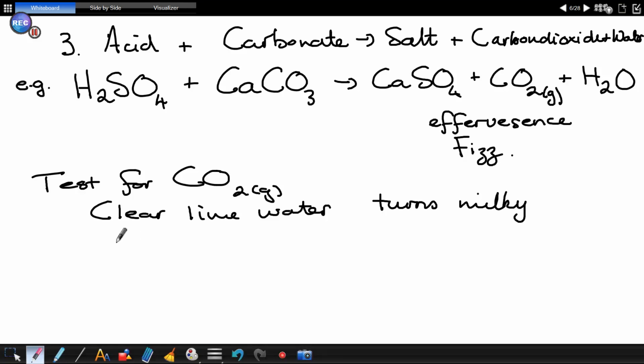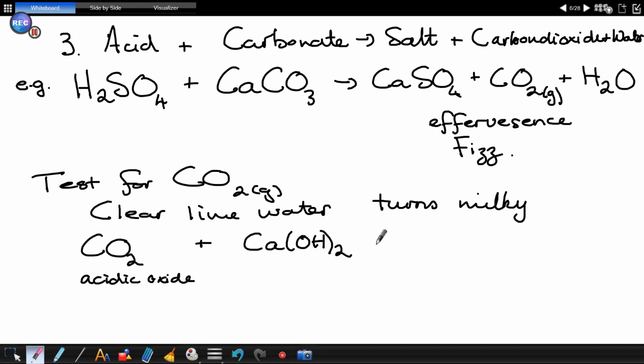Why is that? Because carbon dioxide is an acidic oxide, and lime water is a solution of calcium hydroxide. What forms when this acid reacts with this base? Calcium carbonate, which is insoluble. So it will make the milkiness.